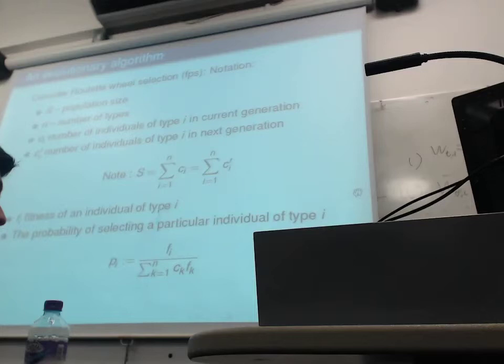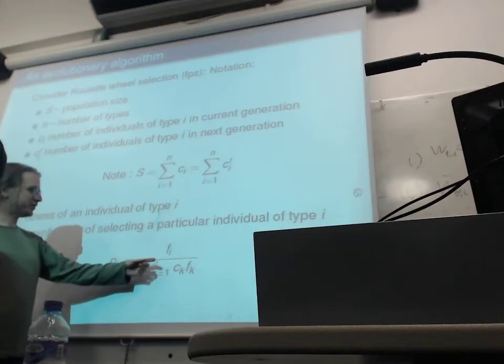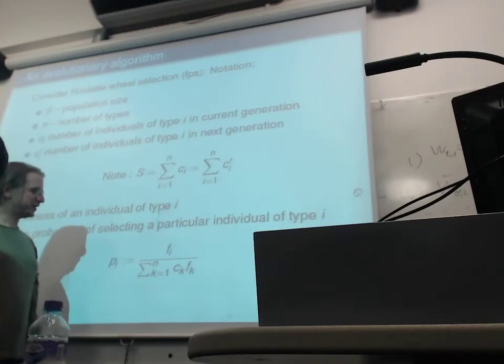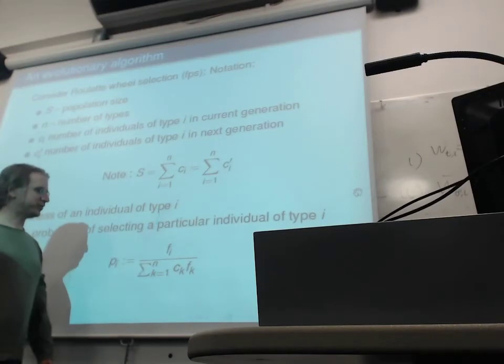So doing roulette wheel selection, the probability of selecting a particular individual of type i is just its fitness divided by the total fitness in the population.